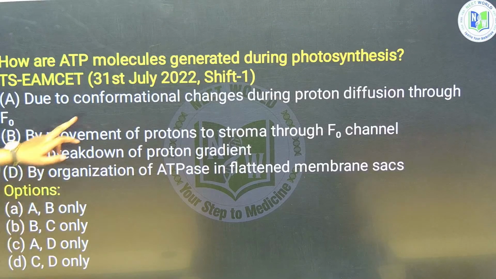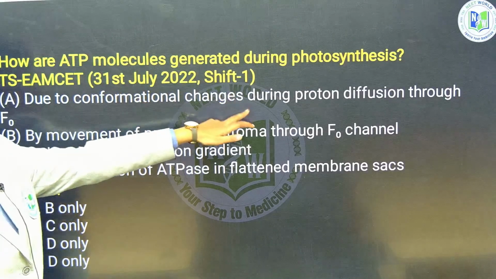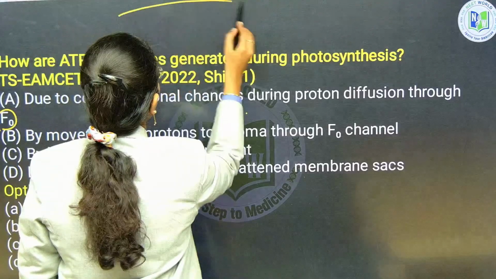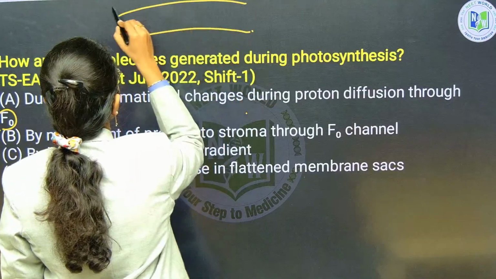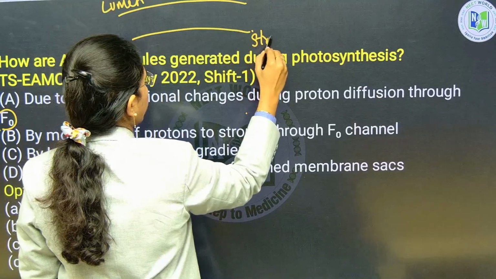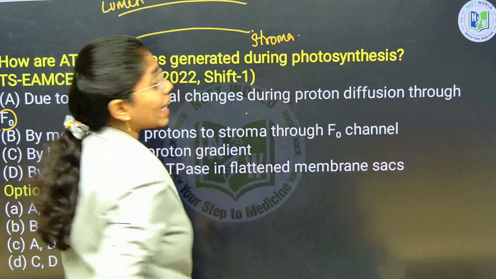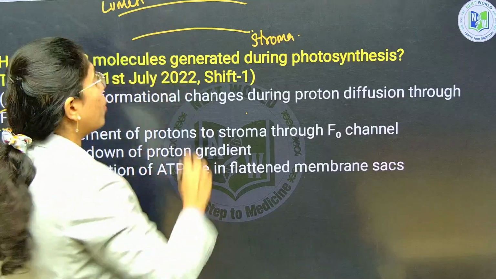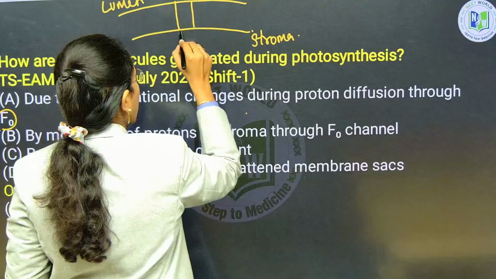Due to conformational changes during proton diffusion through F0, first you recall where F0 is present. If this is the thylakoid membrane, let us consider this is the lumen side and this is the stroma side. Proton gradient is generated from lumen to stroma, wherein the F0 F1 pump is activated.